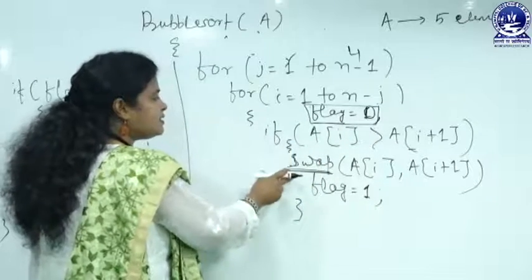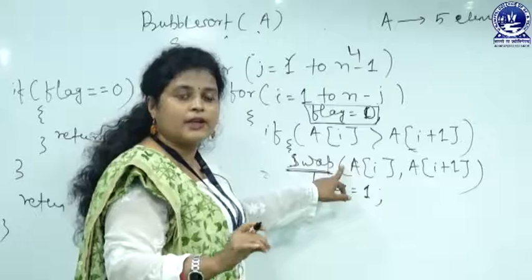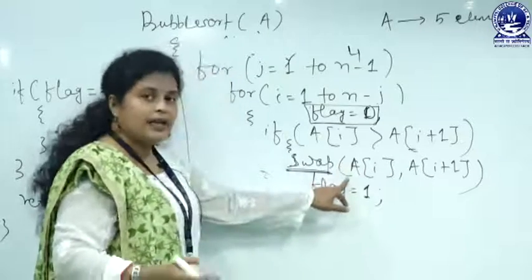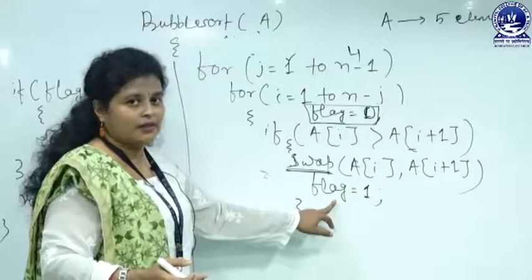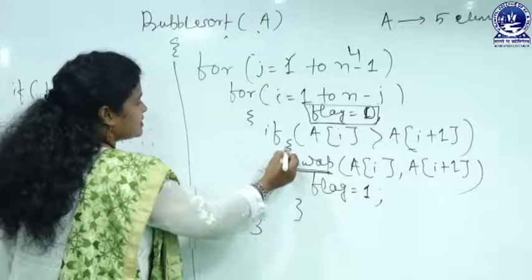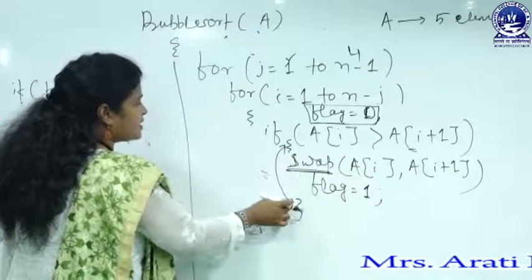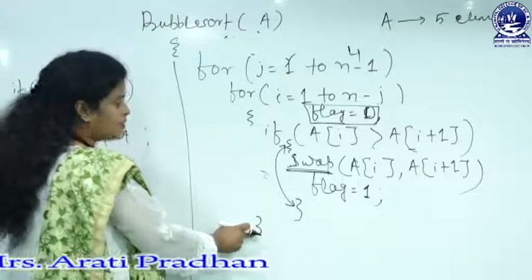Then inside the if statement, we are checking if any element is greater in value in comparison to its next location, then swapping, and after swapping we are just converting flag equal to 1. In this way the loop will be continued. Here this is the opening brace and closing brace of the if condition, and here this is the opening and closing brace of the for loop.